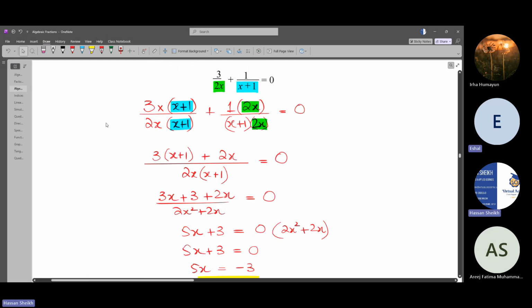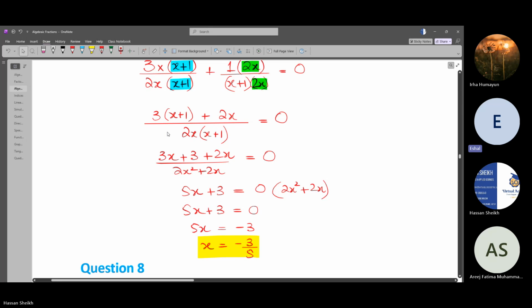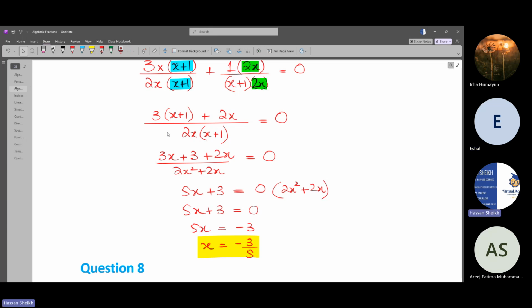Yes, girls, understood? Sir, are we supposed to write this like in fraction or should we also convert it into decimal? Both answers will be considered correct. According to the rule, they will not deduct your mark if your answer is in fraction or if it is in decimal. Doesn't matter.